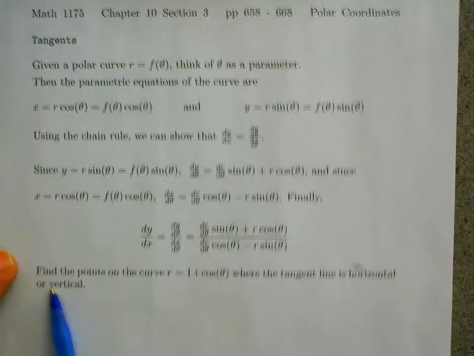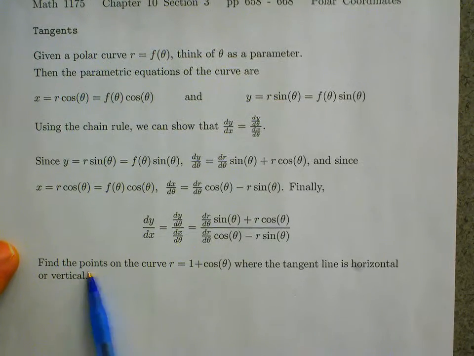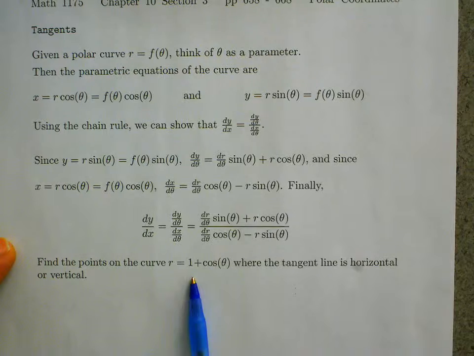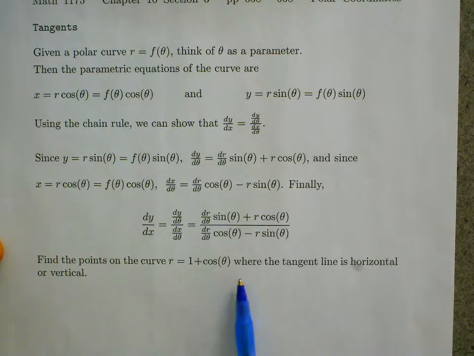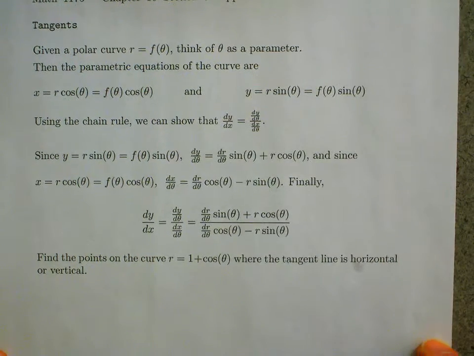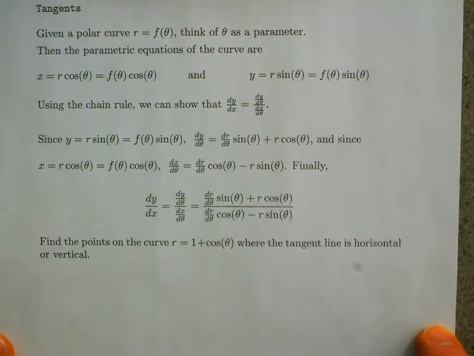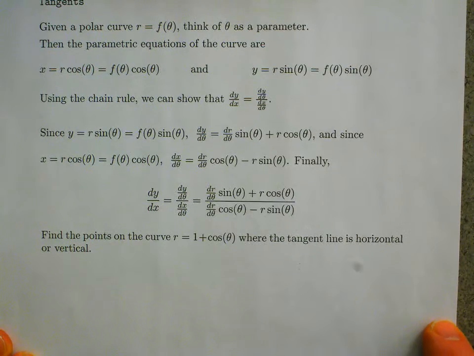So for this curve, find the points on the curve r equals 1 plus cosine of theta, where the tangent line is horizontal or vertical. So when will that occur?